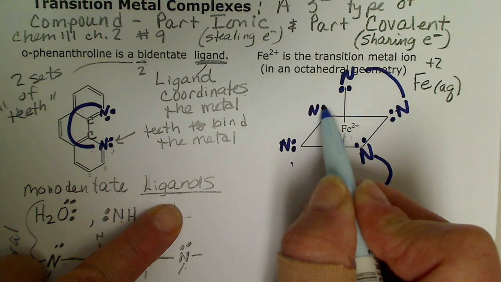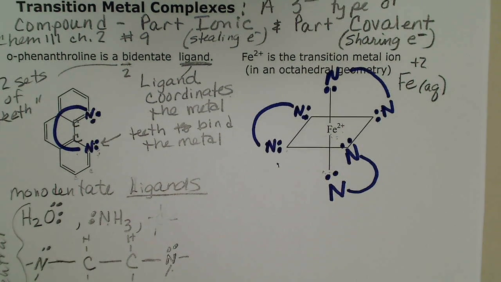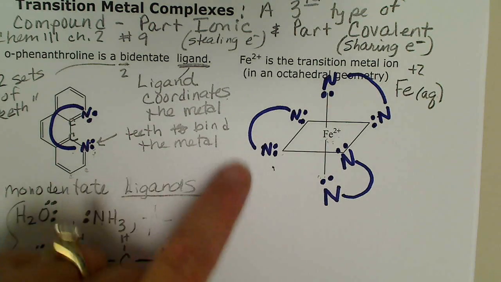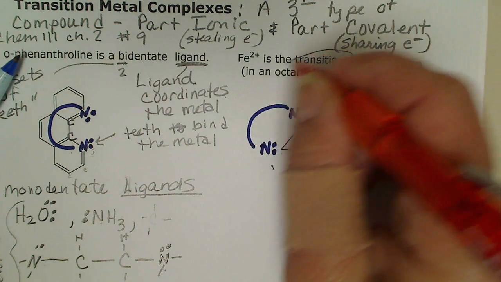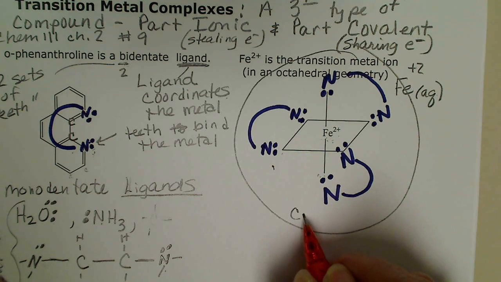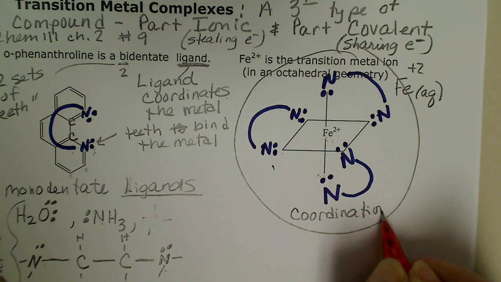I'm going to put the nitrogens in first. And so what we call this, when the metal is surrounded by ligands, we call this entire group here the coordination sphere. So there's a bit of vocabulary in this chapter.